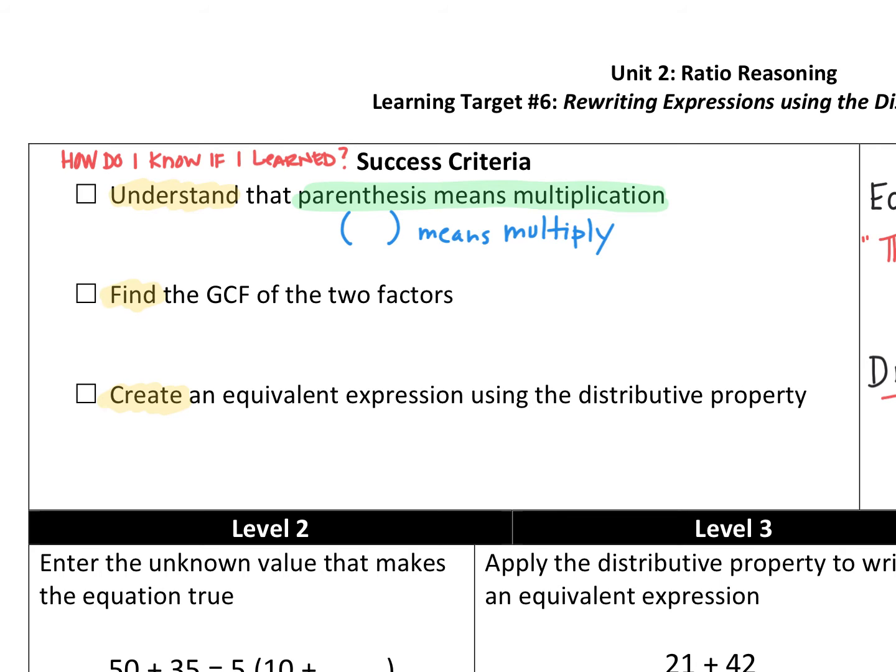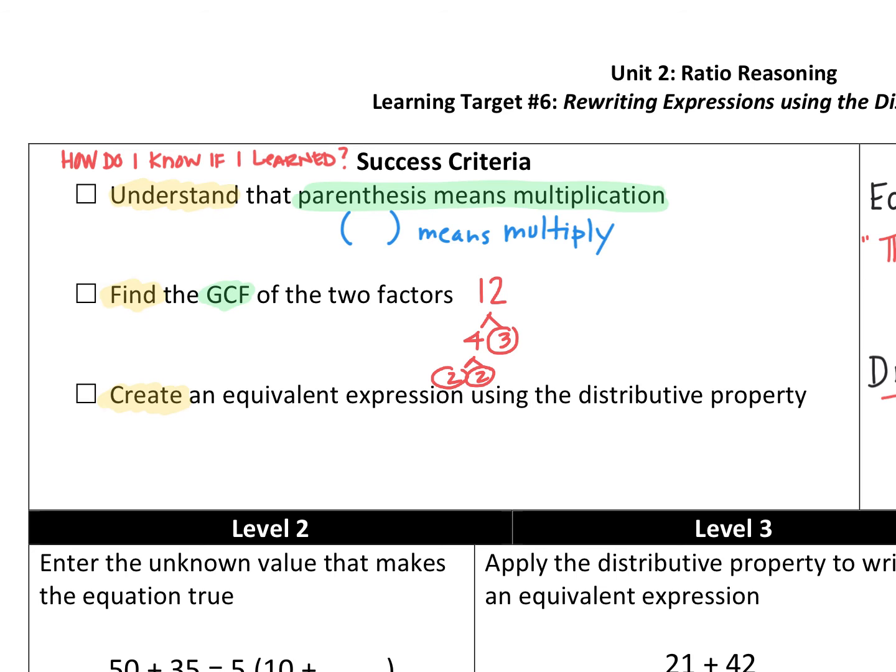The next one, we're going to find the GCF. Okay, find GCF. So you guys, we've done this a whole bunch before break. And when you see me do it right now, you're going to be like, oh, I remember this. Finding the GCF of 12 means you just do a factor tree. 4 times 3 is 12, and this is prime. And 2 times 2 is 4, and this is prime.